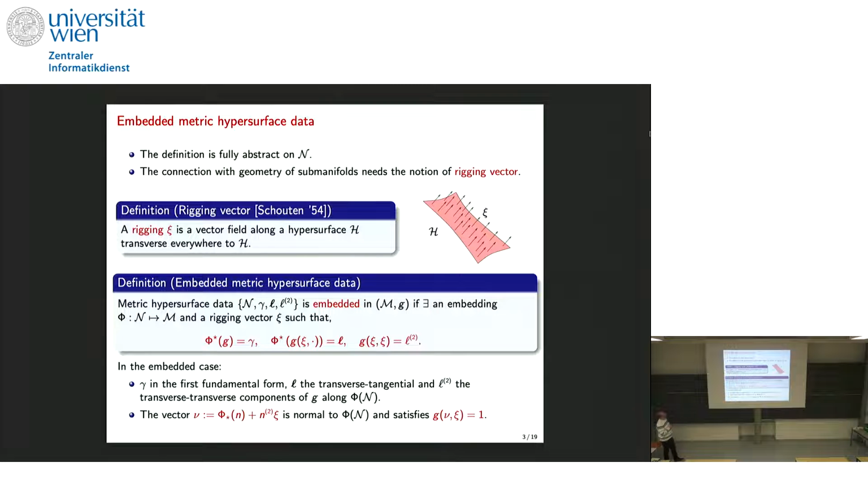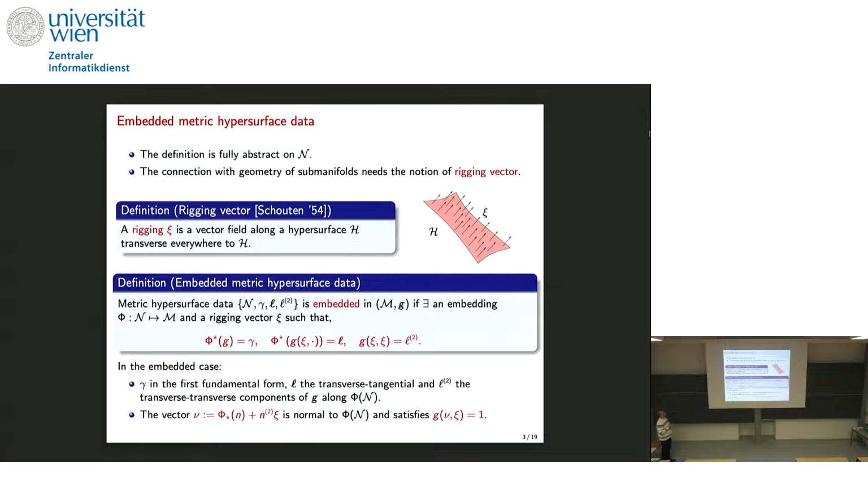We will say that metric hypersurface data is embedded in some ambient space, which is going to be a space M of dimension n+1, and g is going to be a metric of the appropriate signature. We say that this data is embedded in this ambient space if there exists an embedding phi that sends N into M, and a rigging vector psi, one of such transverse directions, such that the following happens.